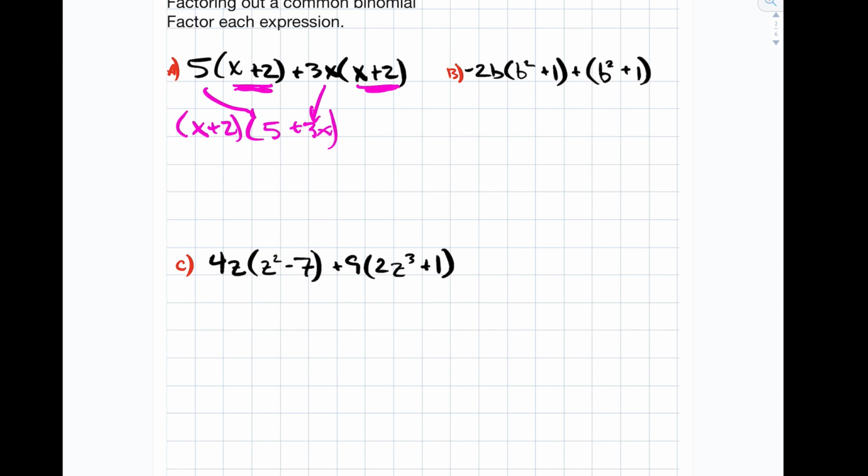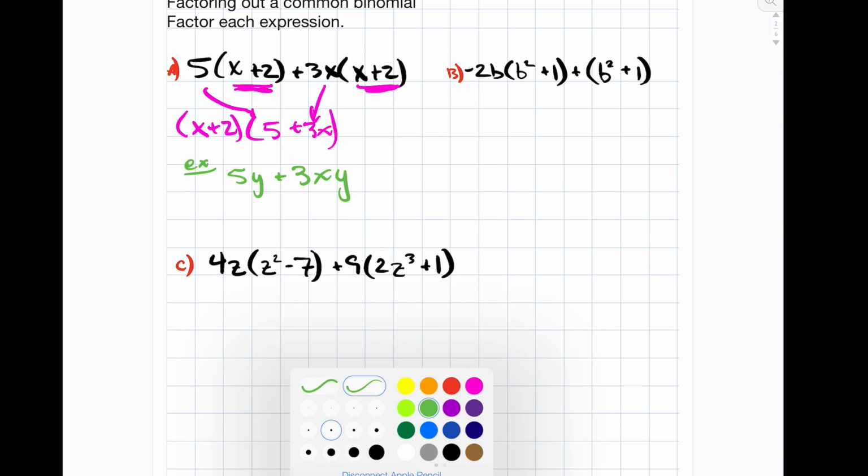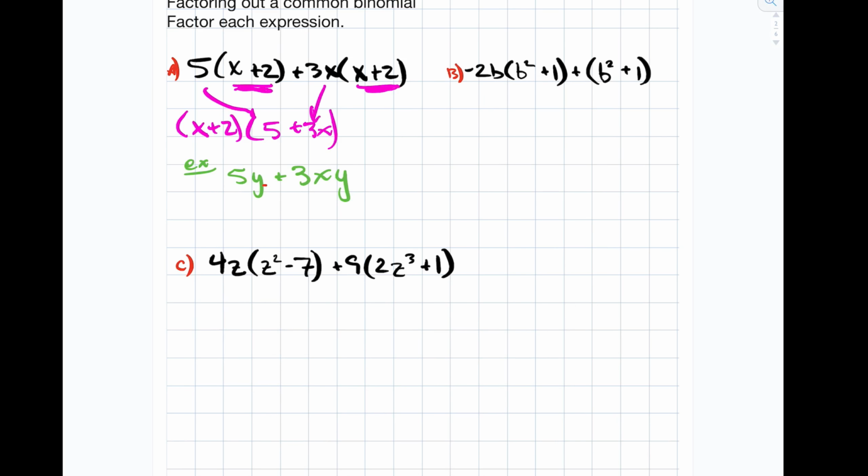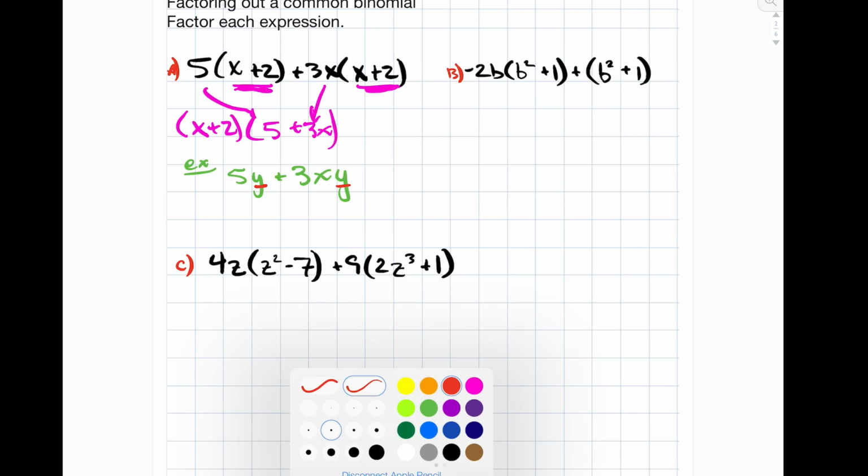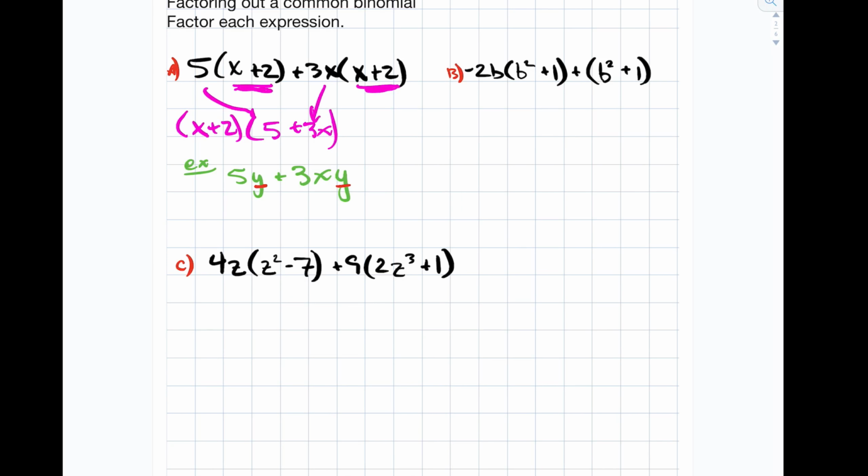Let me show you an example of why this is. Let's say we had 5y plus 3x times y. What could you factor out of each one of these? You can see right here we have a y in both terms, so we could factor that y out. Where would you put it? In front of the parentheses.